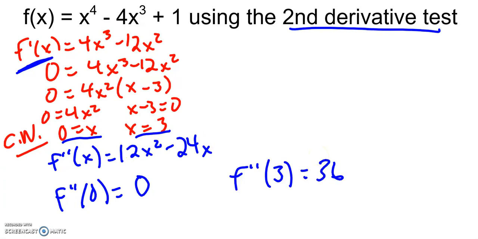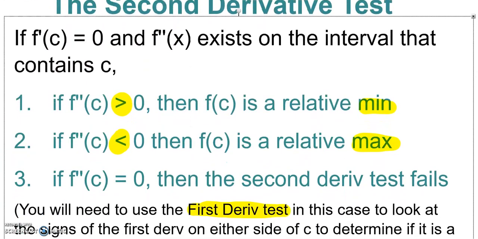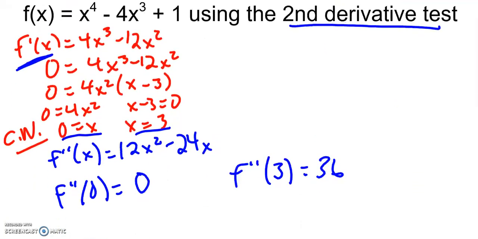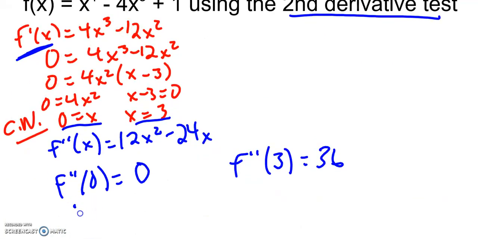So what we care about with this, going back to our rules, is what happens? Well, in our first case, we got 0. So in other words, this test fails, and here's where we still just have to go back to our first derivative. So the second derivative test fails.